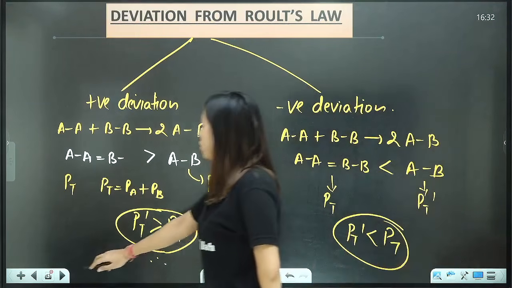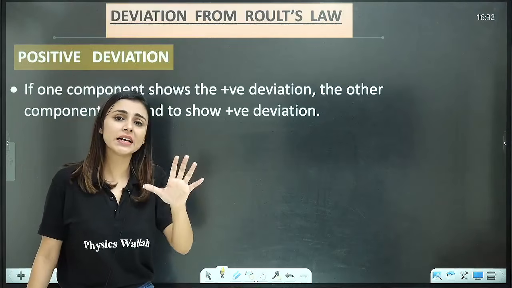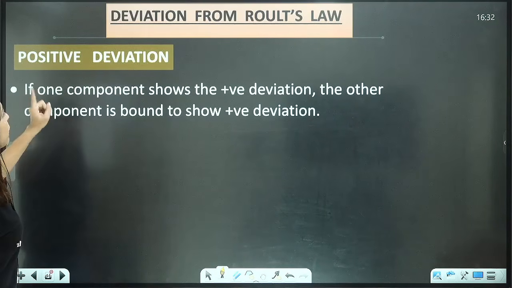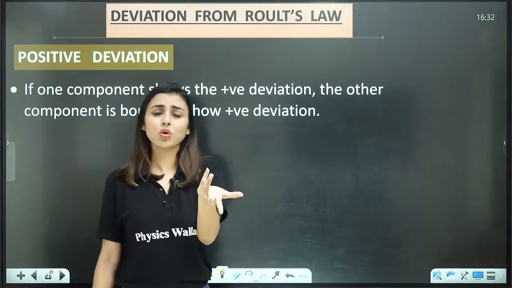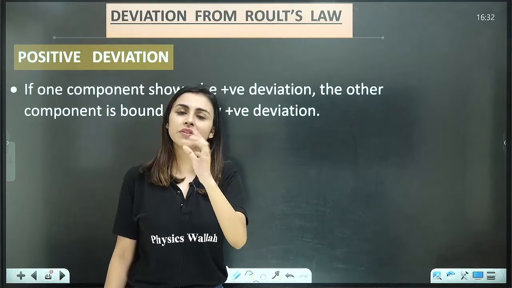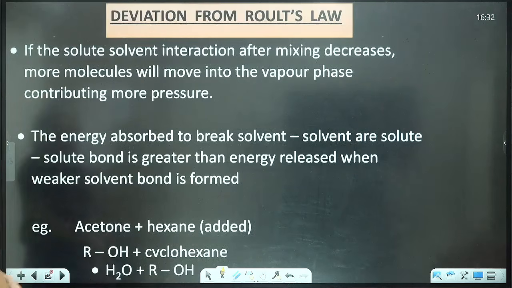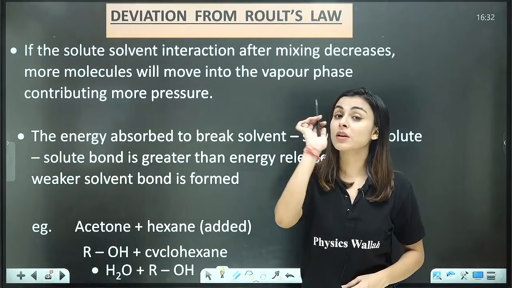Let's see ahead. Positive deviation. I hope you got the major idea. Now we will just discuss the points. What is it saying? If one component shows the positive deviation, the other component is bound to show positive deviation. Okay, if one is positive, then the other is positive. We understand this. No problem. Next, if the solute-solvent interactions after mixing decrease, it is talking about the interactions.